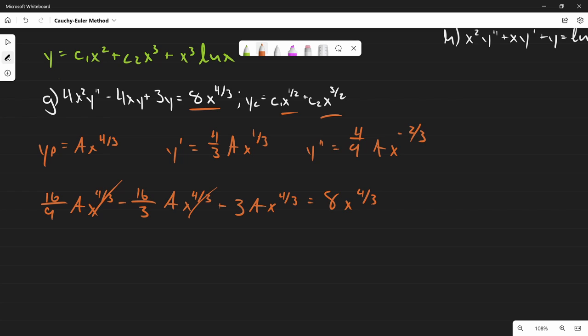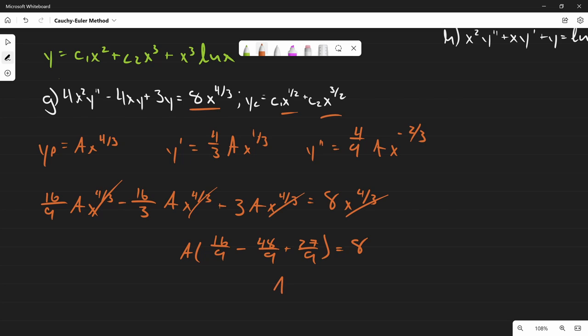So we can cancel out the x to the 4/3, and this leaves us with a times 16 over 9 minus, multiplying both sides by 3, 48 over 9 plus 27 over 9 is equal to 8.